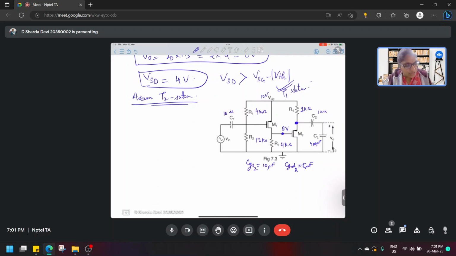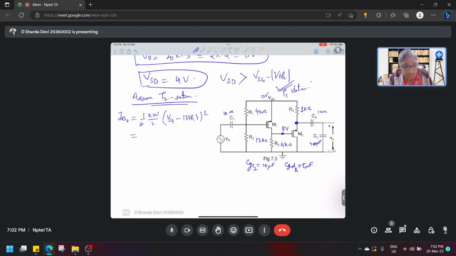So the moment T2 in saturation, ID2 is half kW by L VSG minus mod VTH of whole square.